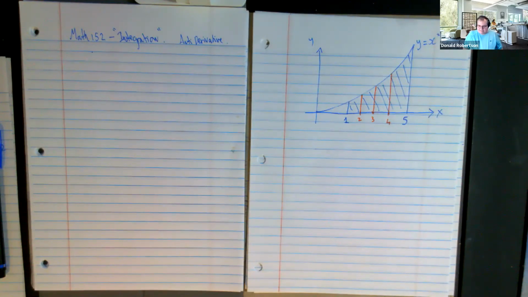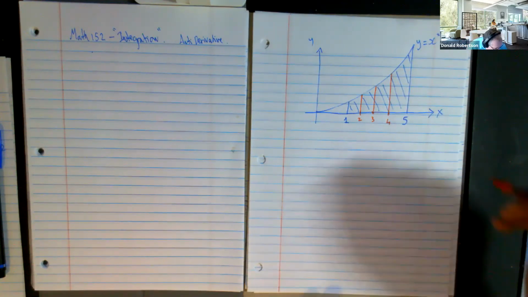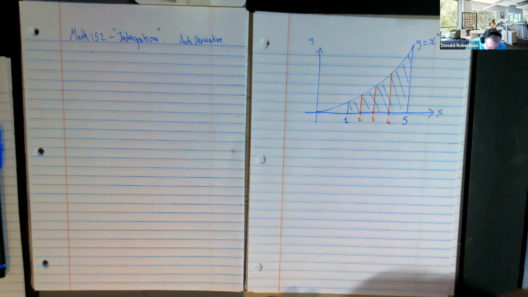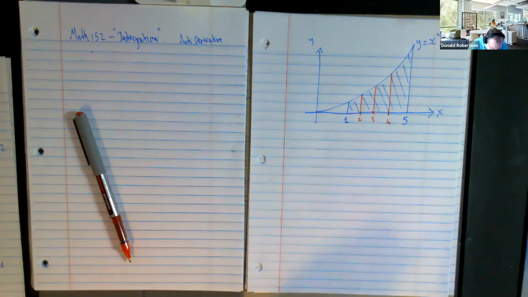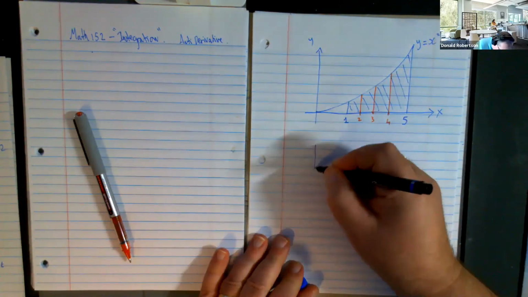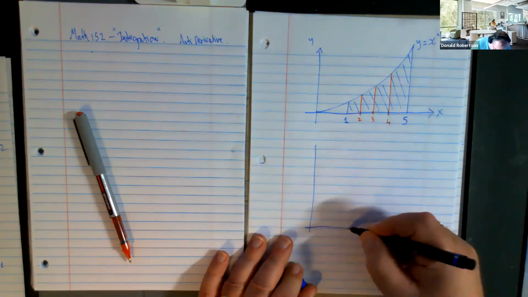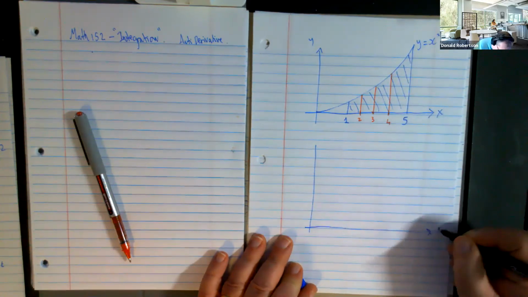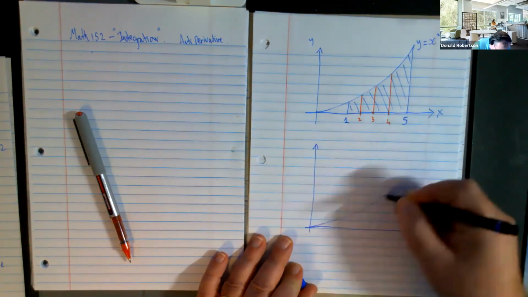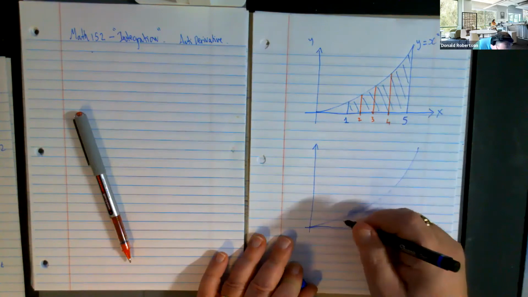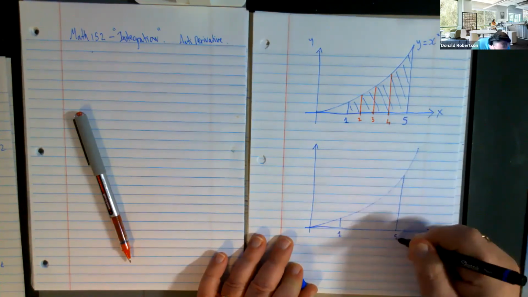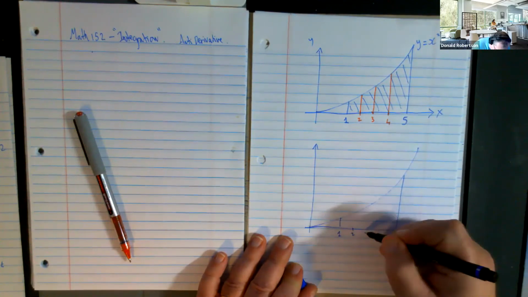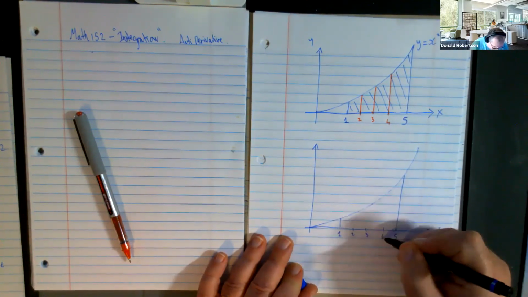And I can't tell you what the area of any strip is, but what I can do, however, is guesstimate it by doing rectangles. And imagine this is the same curve. There's 1, there's 5, there's 2, 3, 4.